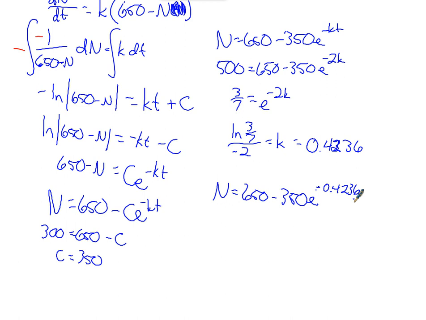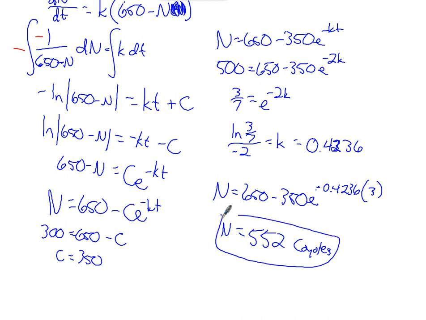And we want to find the number of coyotes in 3 years, so I'm just going to plug in 3 right here. We'll type all that in, and I'll end the suspense: 552 coyotes. So there's your answer.